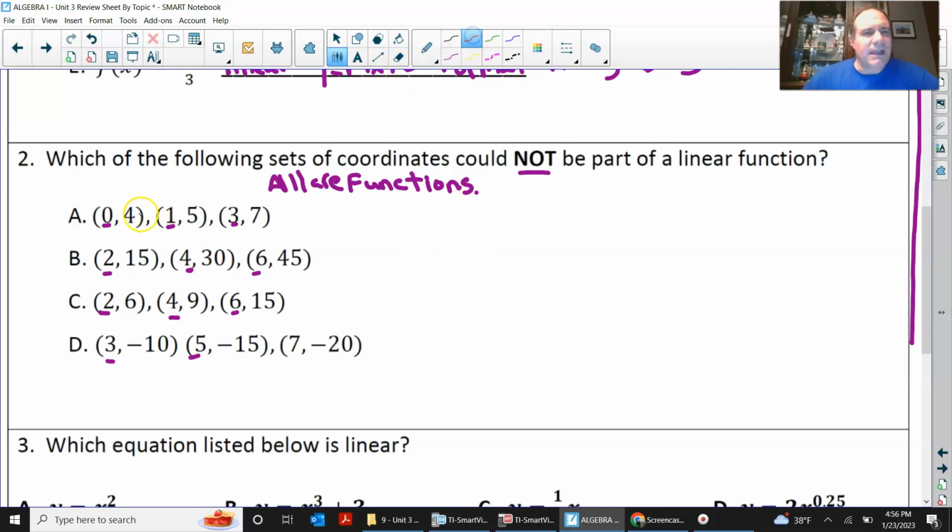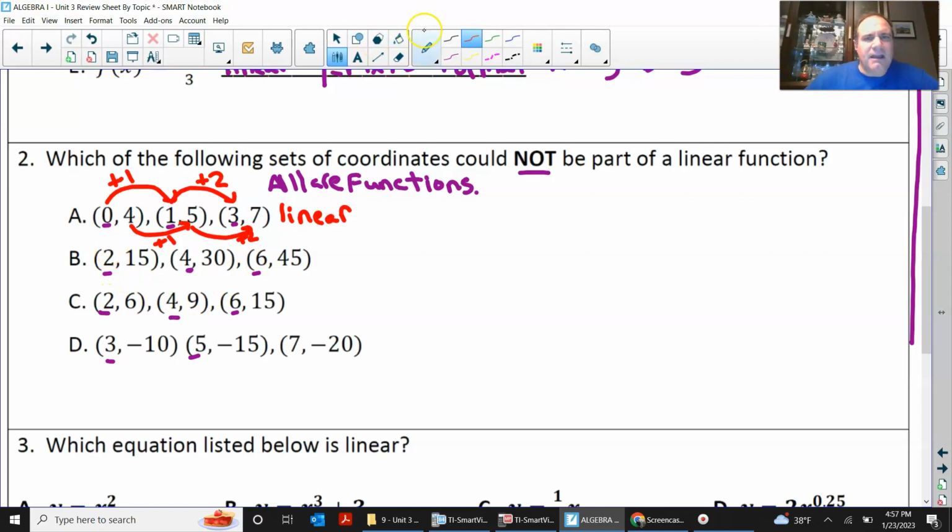This x is +1. As that x increases 1, the y increases 1. Then the x increases 2, and then the y increases 2. This is linear. Same pattern.